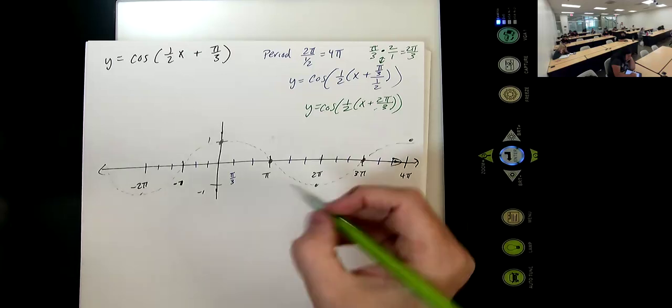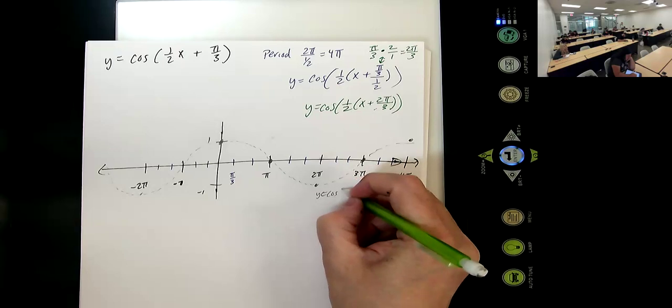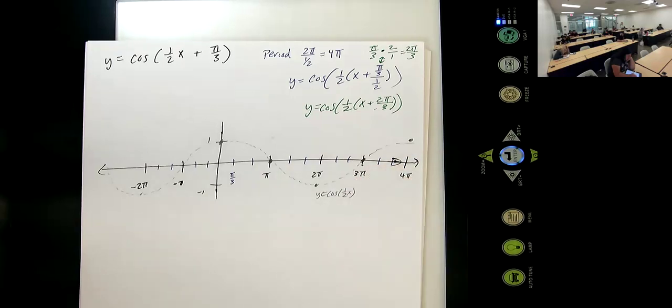So the penciled in value would be like cosine of 1/2 x.